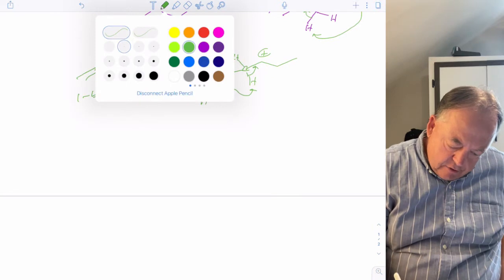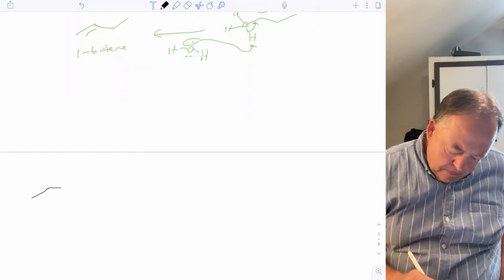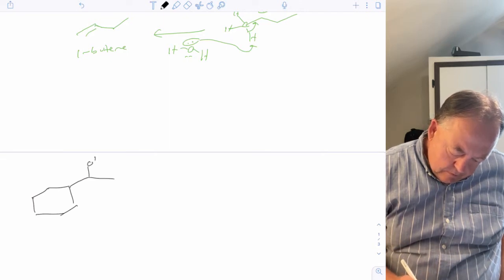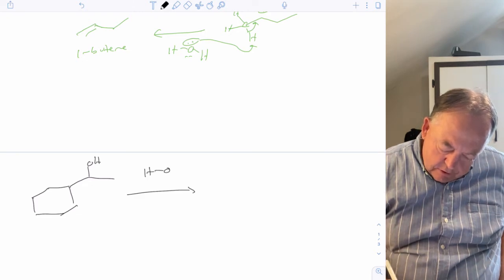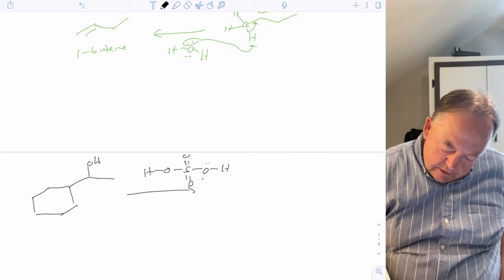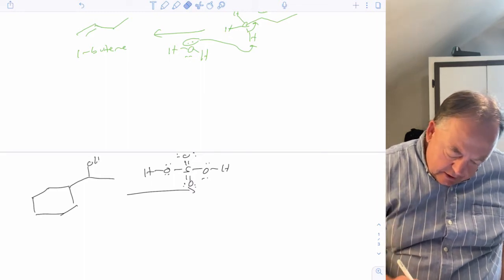So if we just take another example, so if we take this with H2SO4, let me just show you how H2SO4 is working in this case. So that's a Lewis dot structure for H2SO4. Let's sketch out the OH bond.